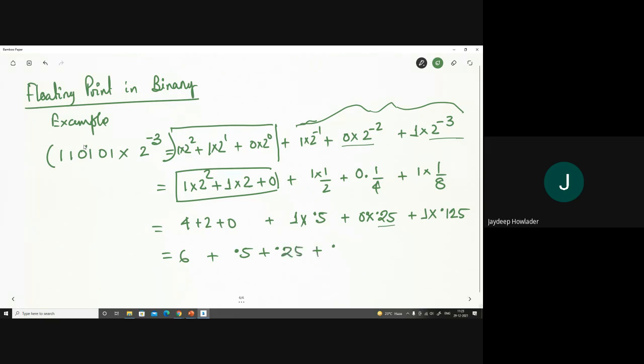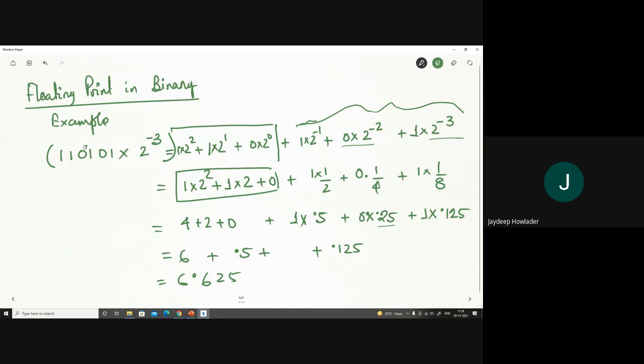Then 0.125, and finally we'll get 6.625. Okay, is that 5?